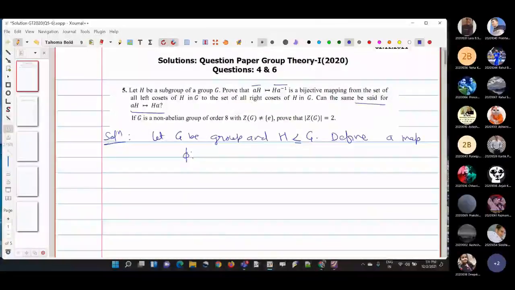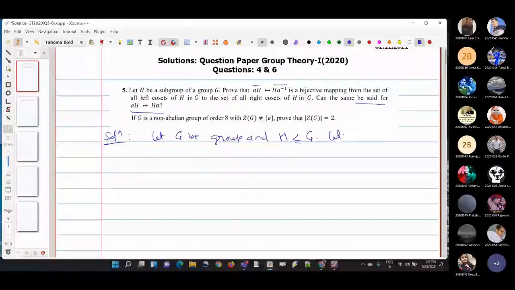Actually they are defining a map from the collection of all left cosets to the right cosets. Or we can write like this also.